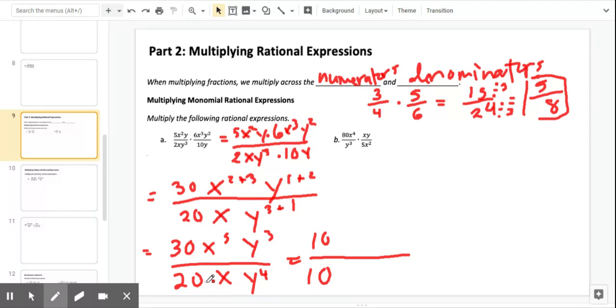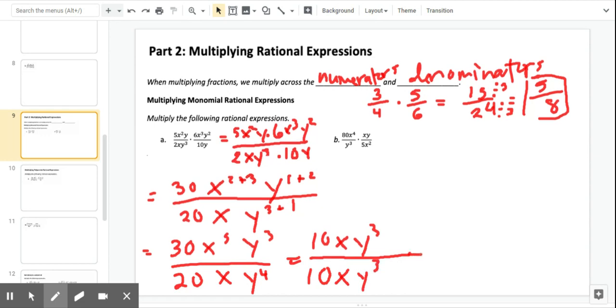We have x to the fifth in the top and x to the first in the bottom, so I can factor out an x from both, since both have at least one x. Now we have y cubed and y fourth, which means I can take out a y cubed. It's always the lower degree, so I can take a y cubed out.